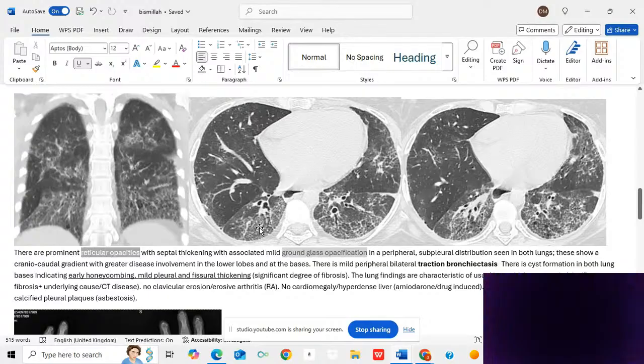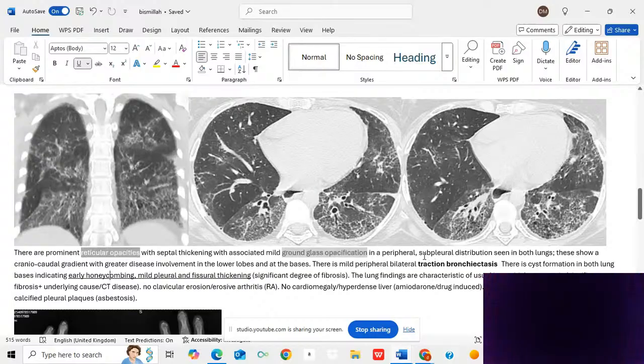Okay, in a peripheral subpleural distribution. Here, the ground glass opacification doesn't show subpleural sparing, because the disease here is more extensive. So the ground glass opacification here doesn't show the subpleural sparing.